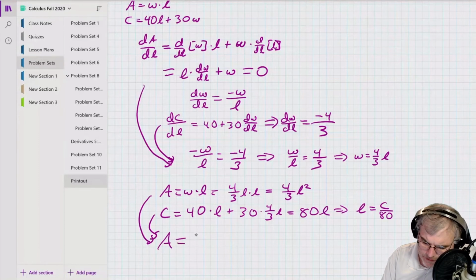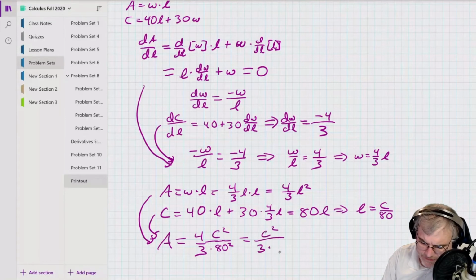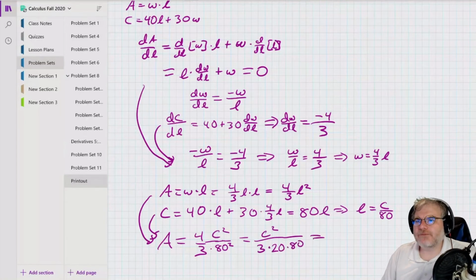So now I sub these back into each other, and I get A equals 4/3 C squared over 80 squared. That's not a nice number. So that's going to be C squared over 3 times 20 times 80. And someone want to throw that into a calculator for me?